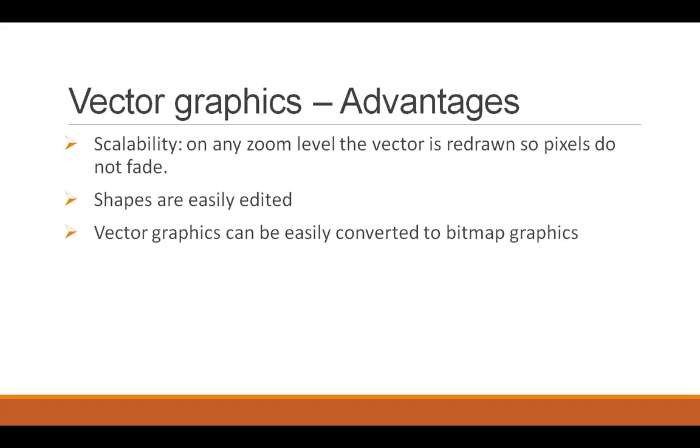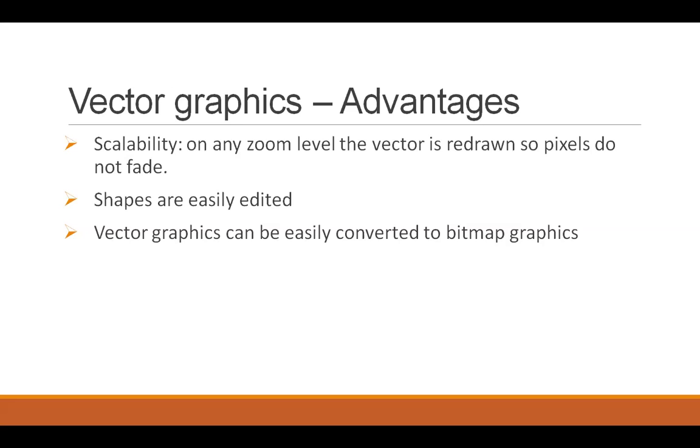Using the geometrical properties, the file is remade. This is the reason that a vector file never fades out. No matter how you zoom into it, the image that you are getting is always sharp, always clear. So scalability is the most important advantage of a vector file.